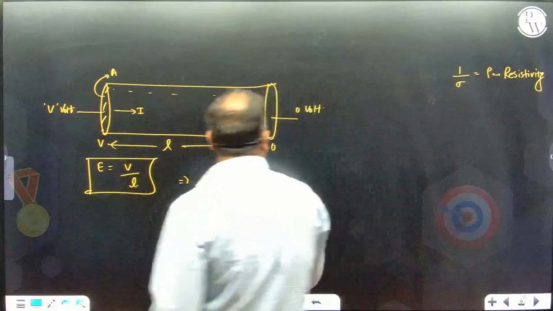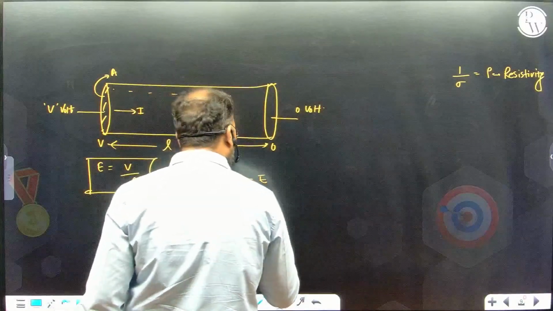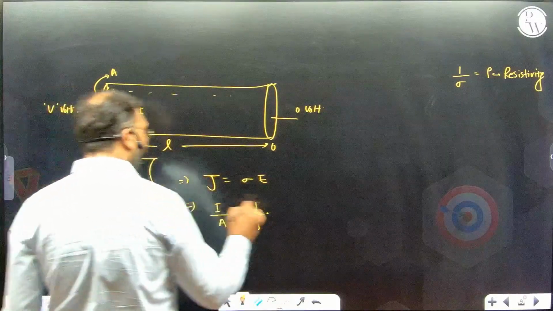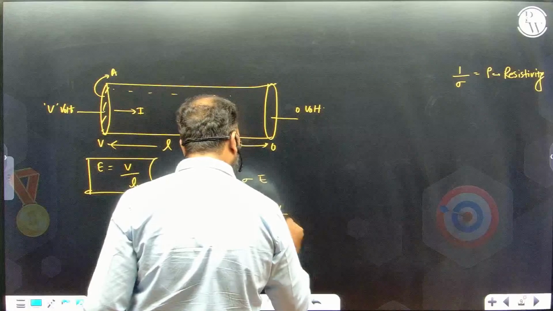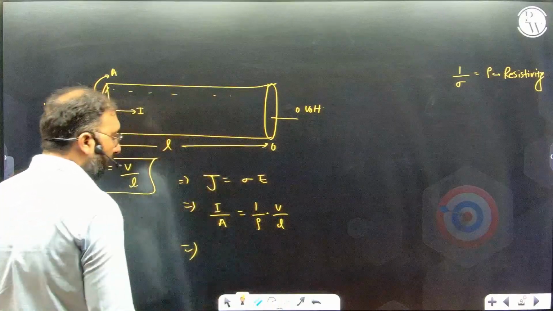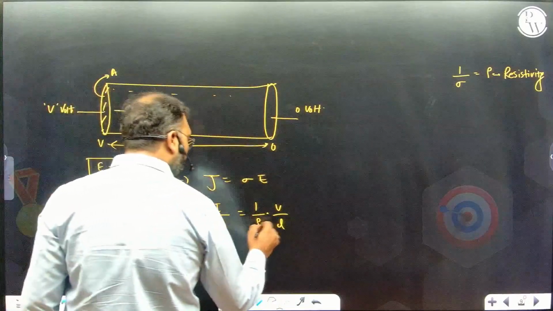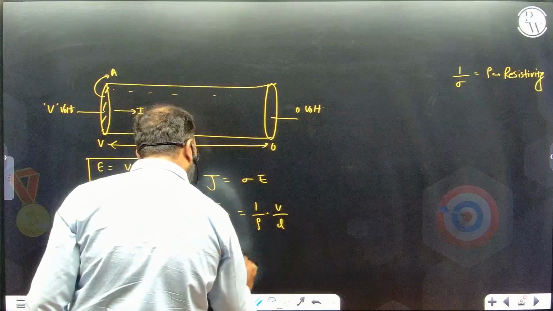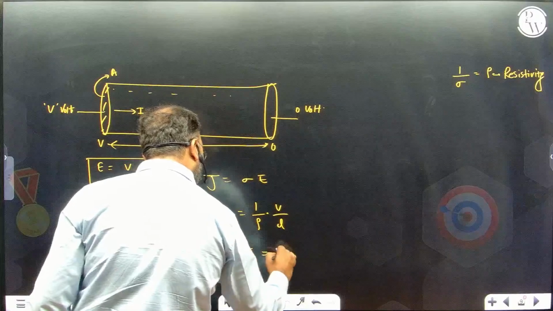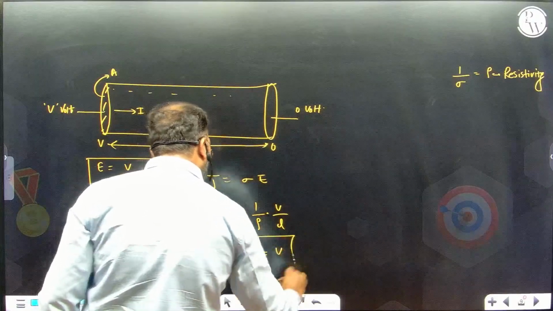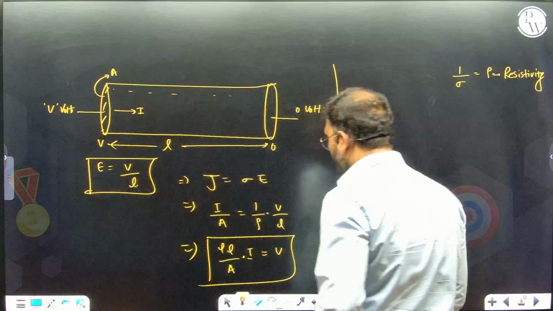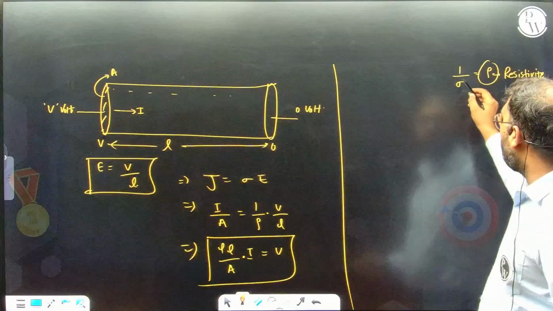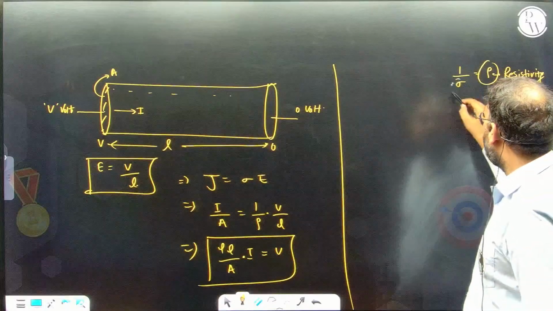So sigma can be written as 1 by rho multiplied by E, and E can be written as V by L. So you can see from here that, taking this to this side, this is rho L by A multiplied by I, and that is equal to V. Now you can see that for a given conductor, the resistivity is going to be constant, right? For a given conductor at constant temperature, sigma is constant.